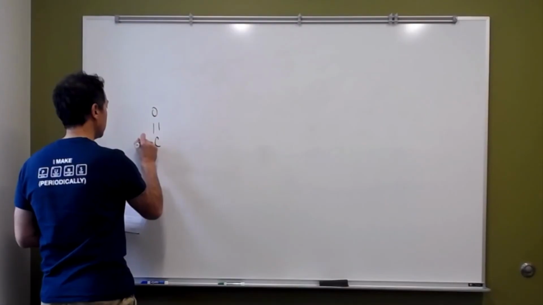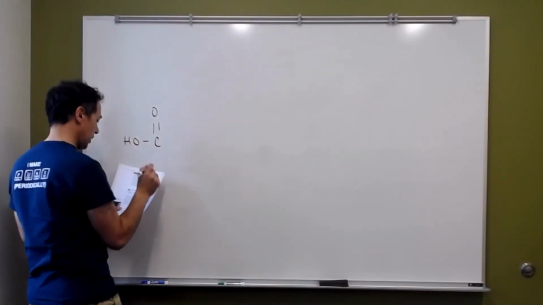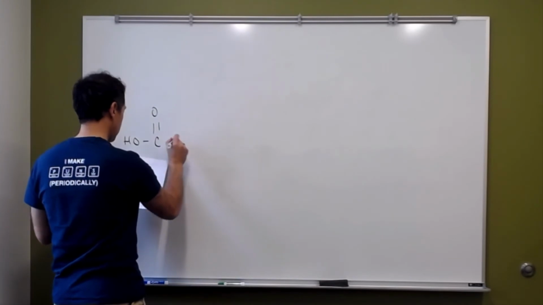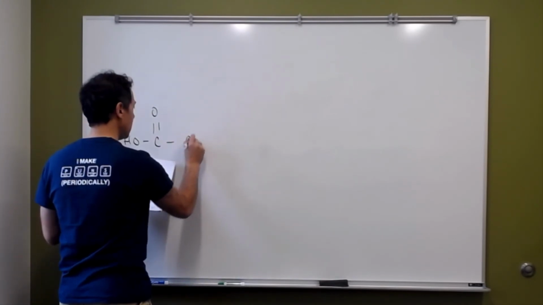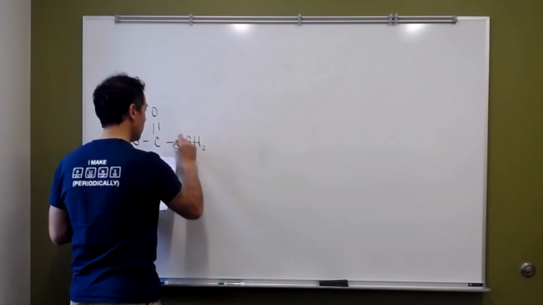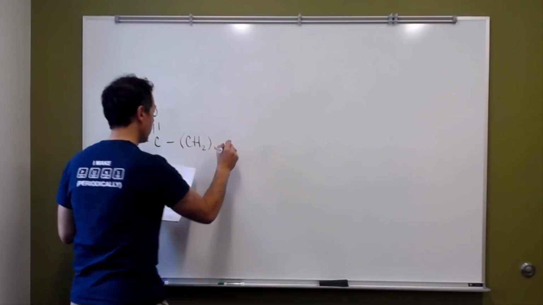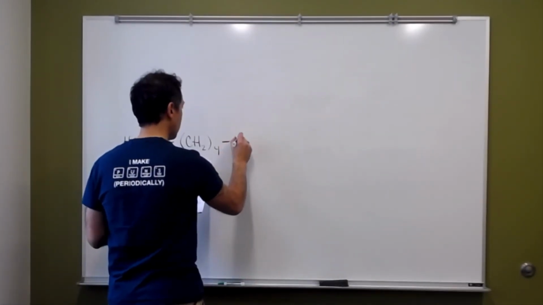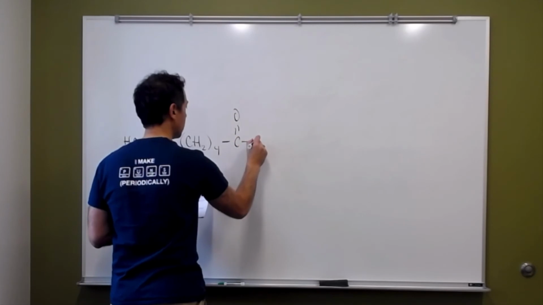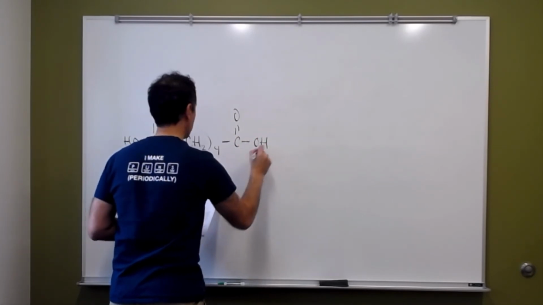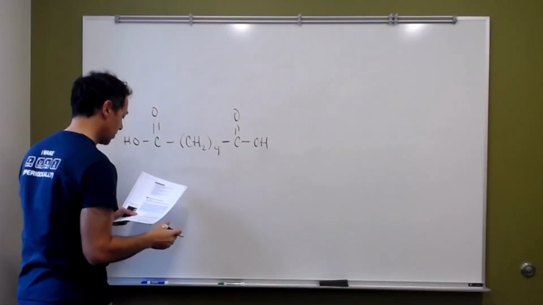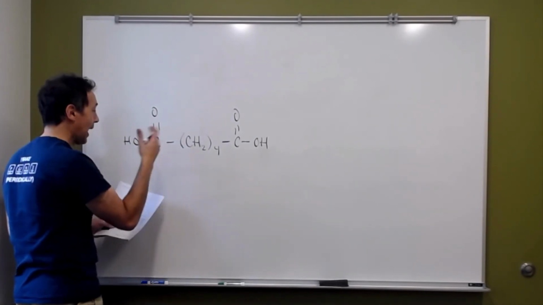So what they did is they started out with two molecules here. So let's start with the first one here. This one is your carboxylic acid here. And then here I'm going to go CH2, and then there's 4 of those because I'm too lazy to write the whole thing out, and then OH. Okay, so here's my dicarboxylic acid.